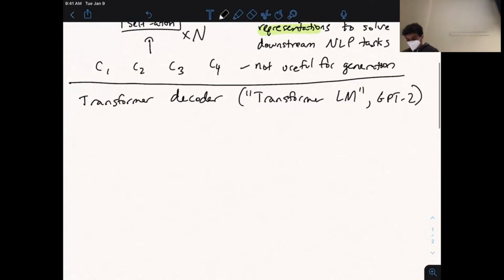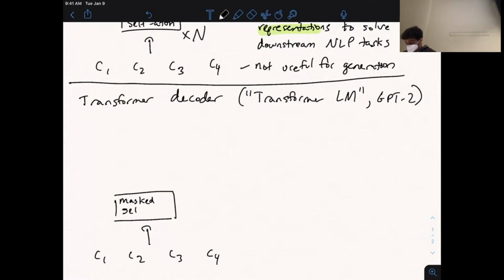So how do these work? Well, we can still take our same example from before. Here we feed this into, unlike the encoder where we used unmasked self-attention, here we're going to use masked self-attention. We're going to stack as many of these blocks as we want.